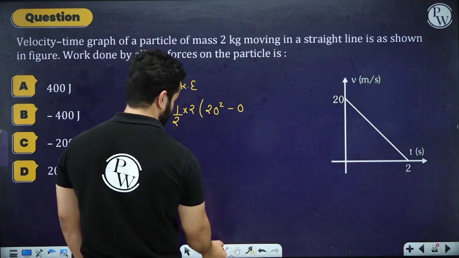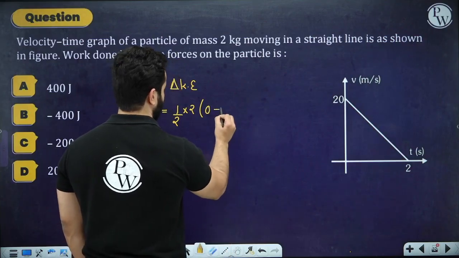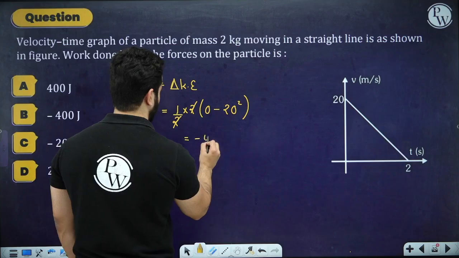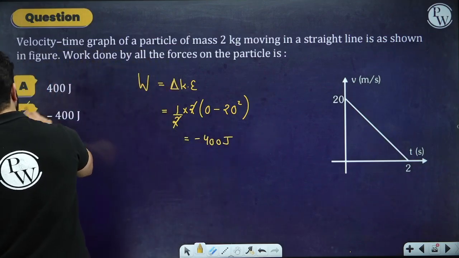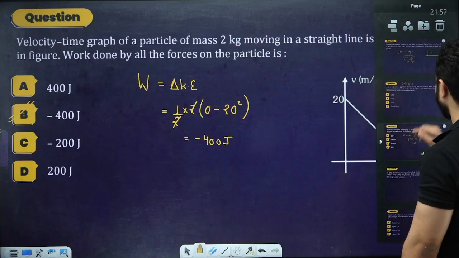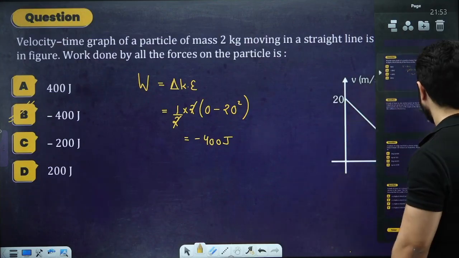By the way, initial is actually 20. So this is going to be 0 minus the square of 20. So this is going to be minus 400 joules. This is going to be the answer. And that's how you are going to do the previous problem also, the question that I've given in homework. Just differentiate it, find out the velocity, change in velocity and do it.